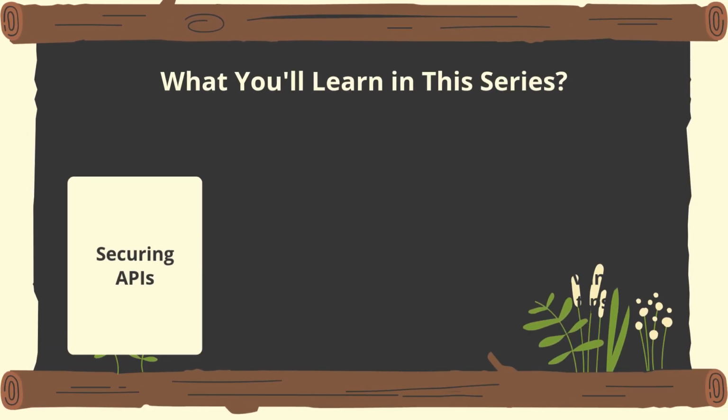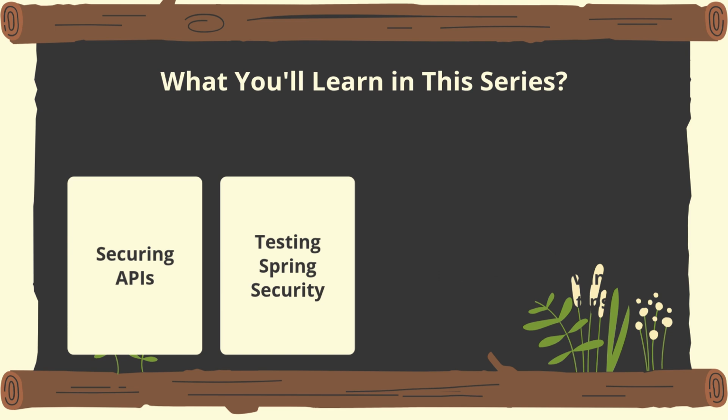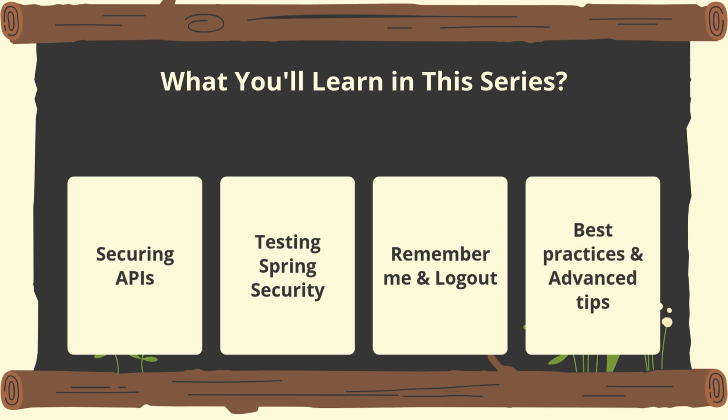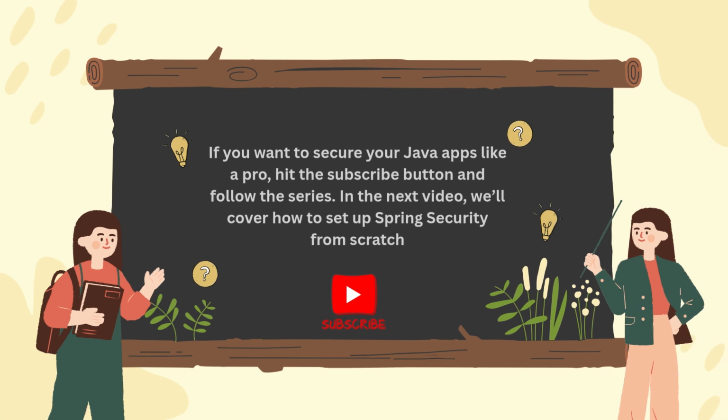OAuth 2 we can cover, and we will see how we can secure the API endpoints. We'll also cover testing Spring Security, how we can test that module, and the remember me and logout features, which are very useful. And we'll cover a lot of best practices, what to do and what not to do, and some advanced tips also.